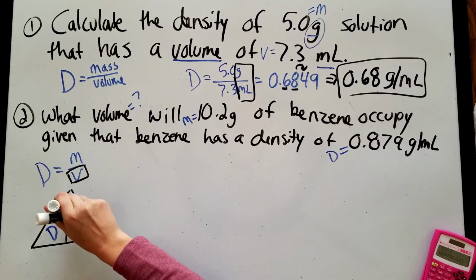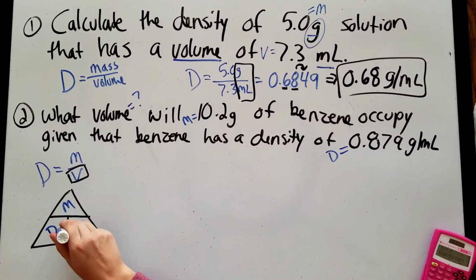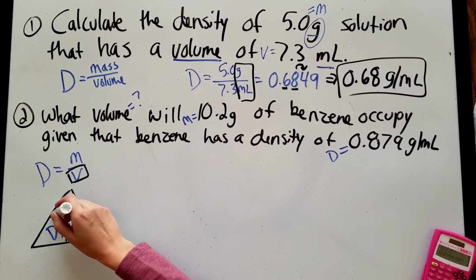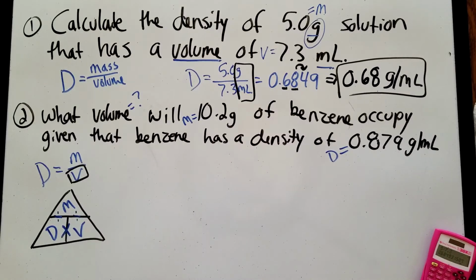So D, M, V. So how we use this is we use it to help us figure out how to rearrange that equation. So this vertical line is a multiplication. This horizontal line is going to be a division line, just like if it were a fraction. So how I use it is whatever I'm trying to solve for. So in this case, volume is what I'm trying to solve for.